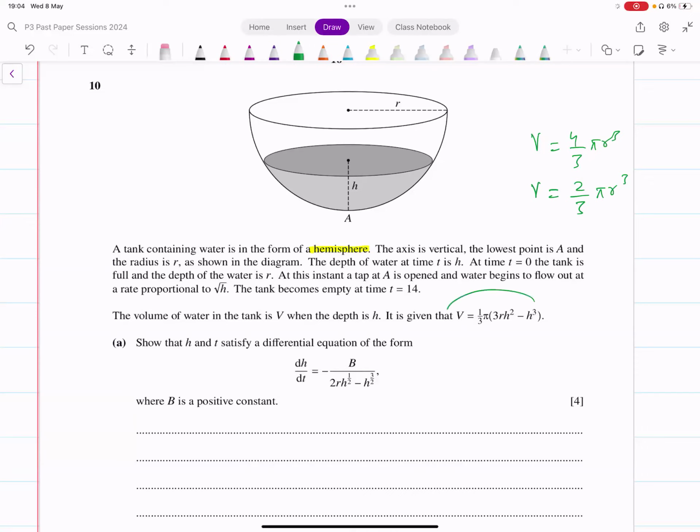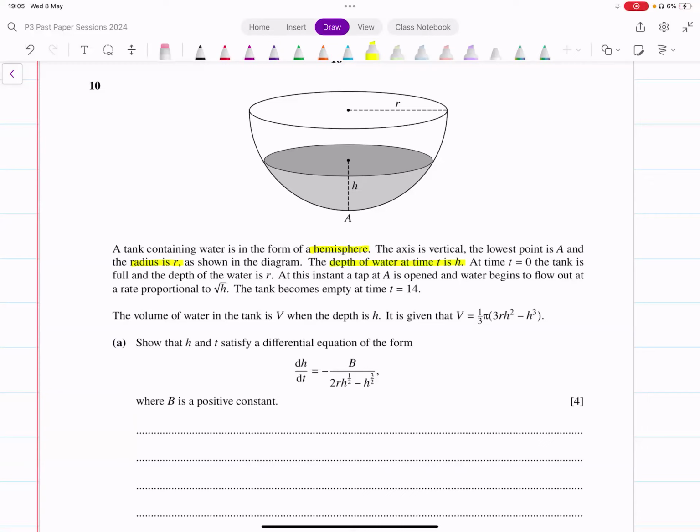In fact, they have given us this here. Okay, so they've actually given the volume formula in terms of H, not in terms of R. All right, we'll use that. The depth of the water at time t is h.